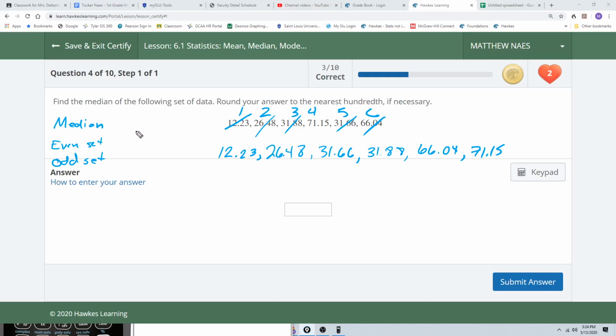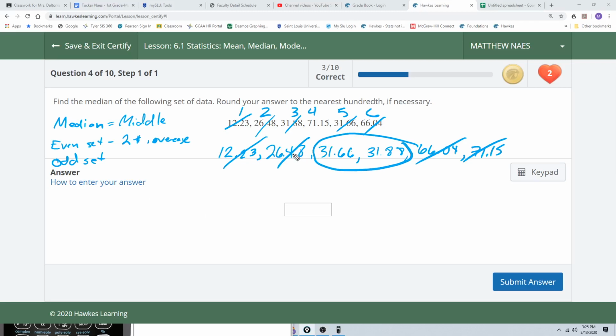If we have an even set, there are two numbers we're going to use for the median, and we're going to average those two. There's going to be two middle numbers. So here, first one, last one, second, second last. These two are your two middle numbers.